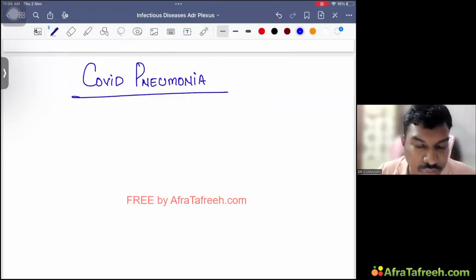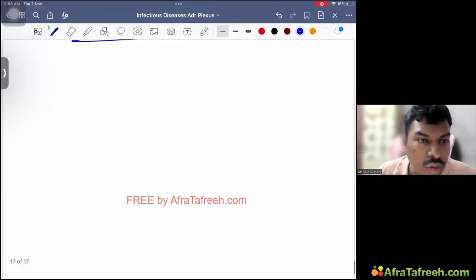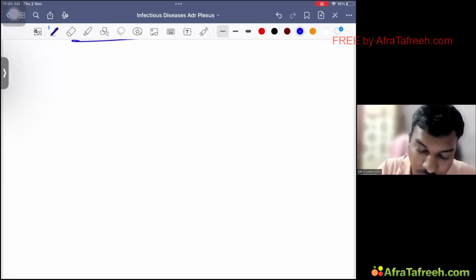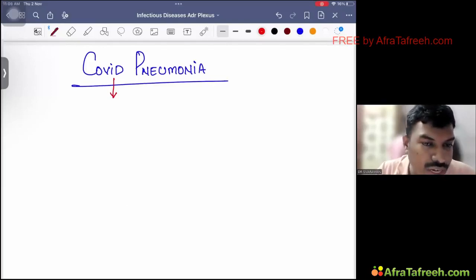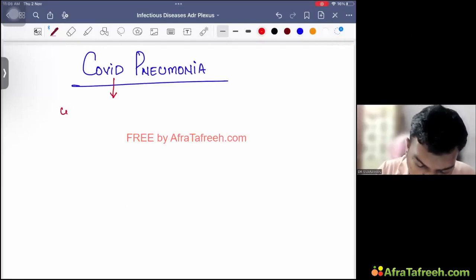COVID pneumonia. COVID, the word which created a lot of buzz and fuss. So COVID-19, what is COVID-19?